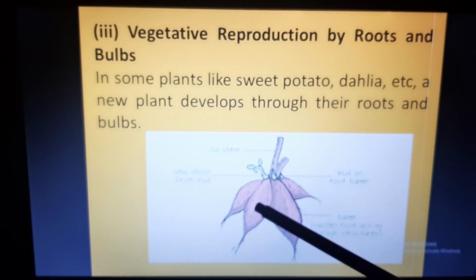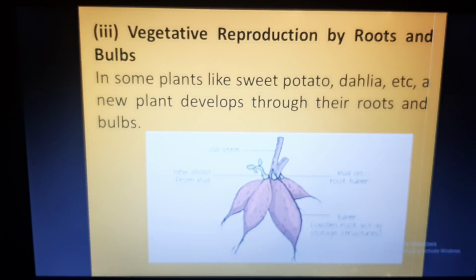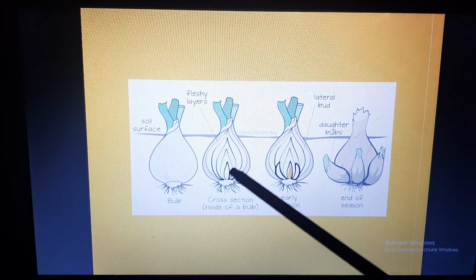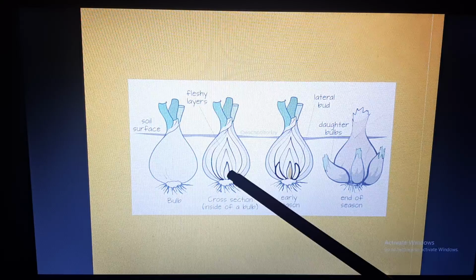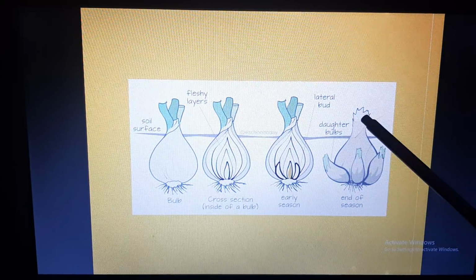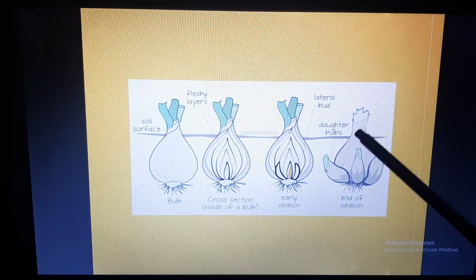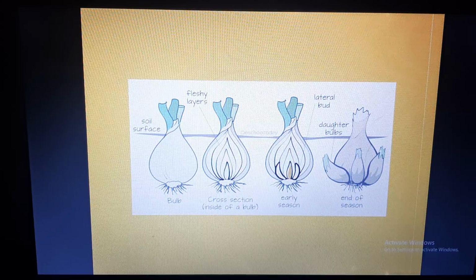These bulbs can develop into a new shoot and produce a new plant. For example, you can see the bulbs of lilies. The bulb has fleshy layers, and at the end of the season the bulb will produce daughter bulbs, and now from these four we can develop four different plants.